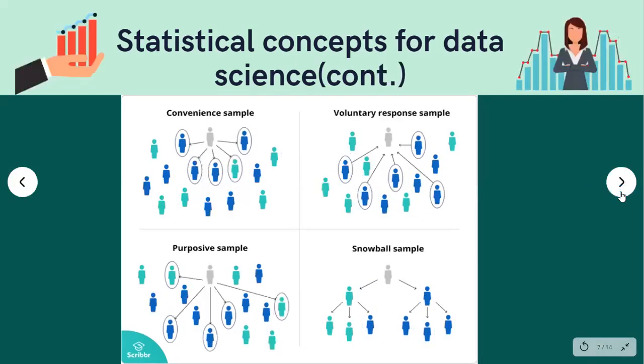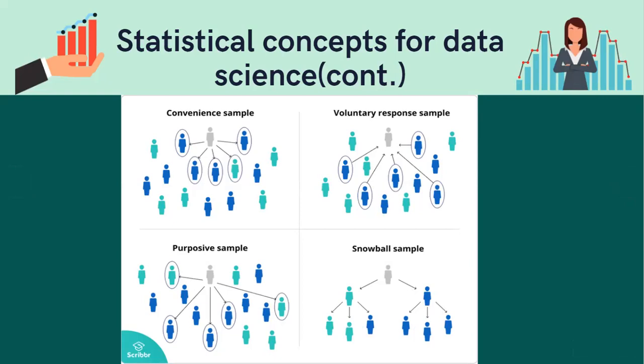And then, continuing with the sampling part of statistical concepts, there is convenience sampling. As the name suggests, suppose you're performing a data collection method. According to you, you're going to define methods according to your needs, according to your convenience.